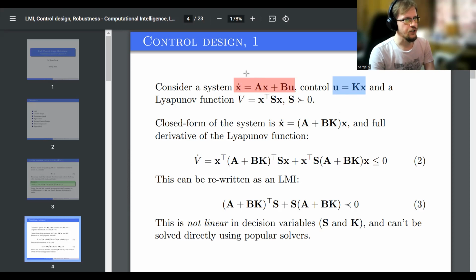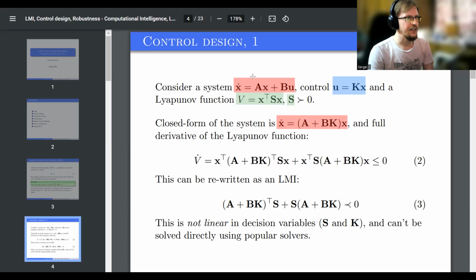And we have a Lyapunov function V equals x transposed S x, with S being positive definite. After we substitute control, the system becomes x dot equals (A plus B K) x. Notice plus, not minus. Why plus? Well, because of convention. In this case, we don't have minus K x, we have K x, so no minus.